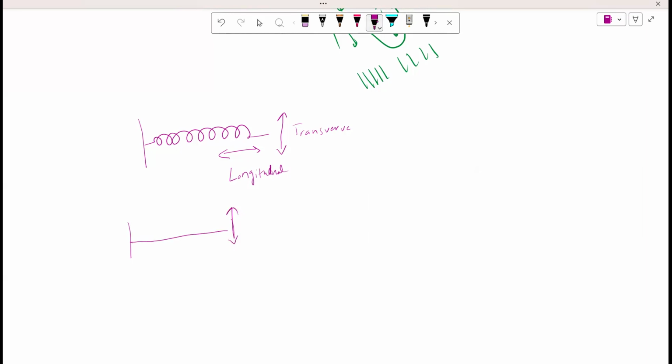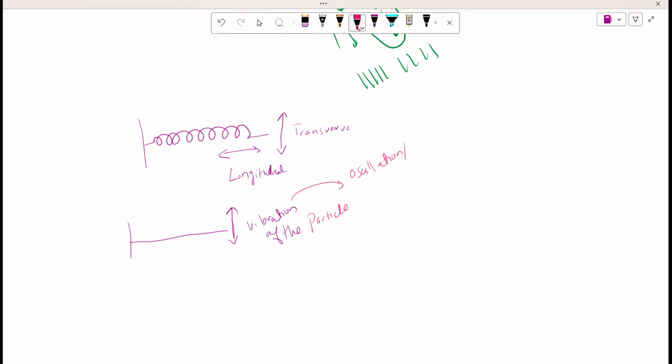Now, the vibration of the particle or the oscillation of the particle, किस direction में है? सबसे पहले let me re-explain to you. Vibration और oscillation का meaning क्या होता है?